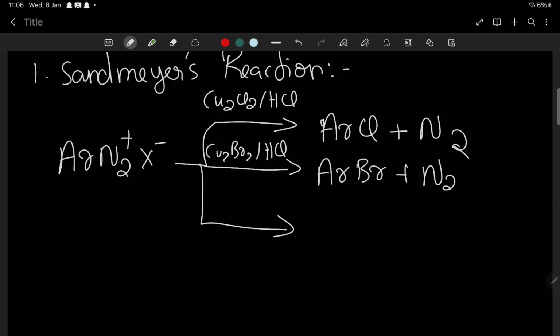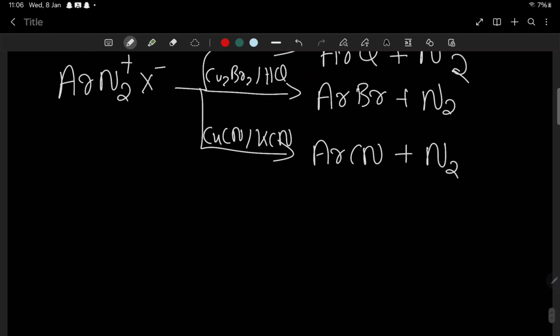If you add CuCN in presence of KCN, you will get ArCN, benzonitrile, plus nitrogen. This is Sandmeyer's reaction.